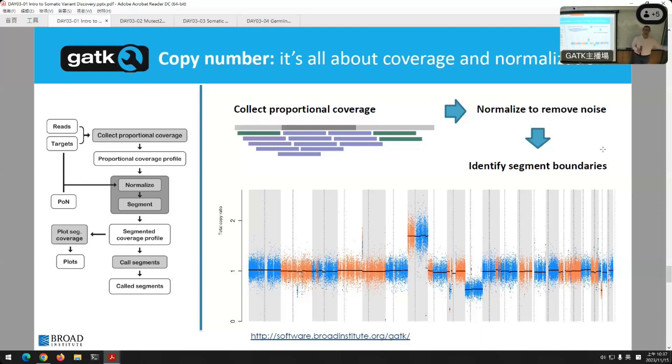And different chromosomes are different, and different regions of the genome are different. And so it's very inconsistent. So there's a lot of noise trying to figure out the CNVs. And so most of CNV detection, calling, is just removing noise and normalizing things. Just math to remove noise. And you'll see all about that with me this afternoon.